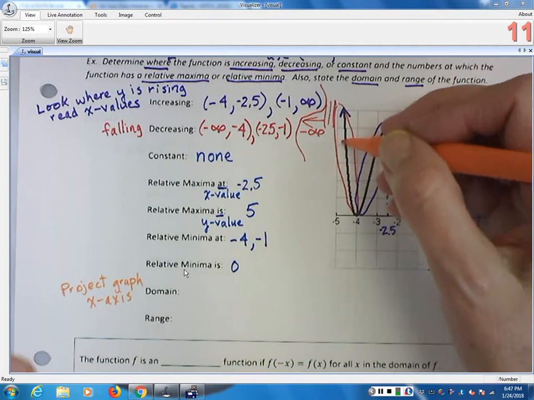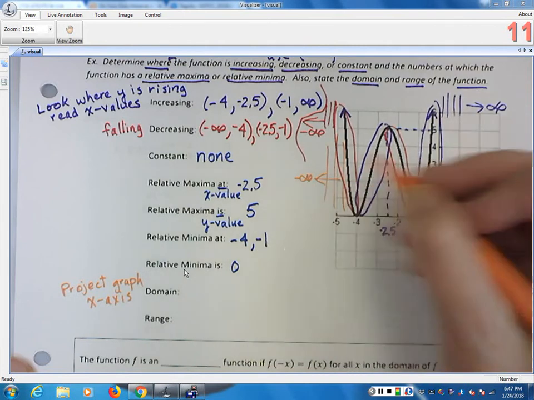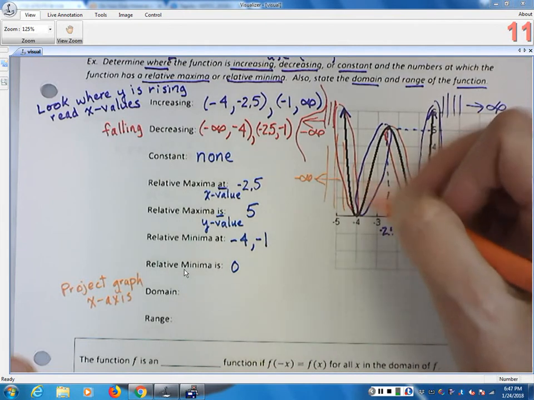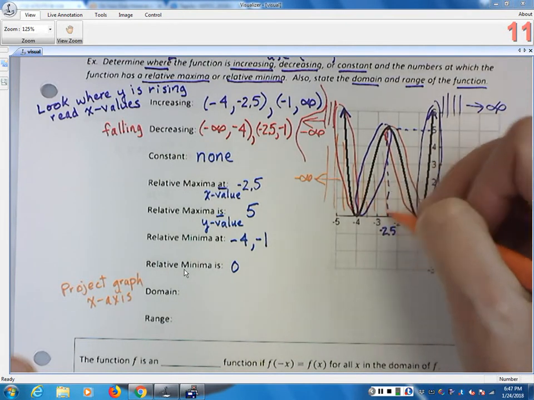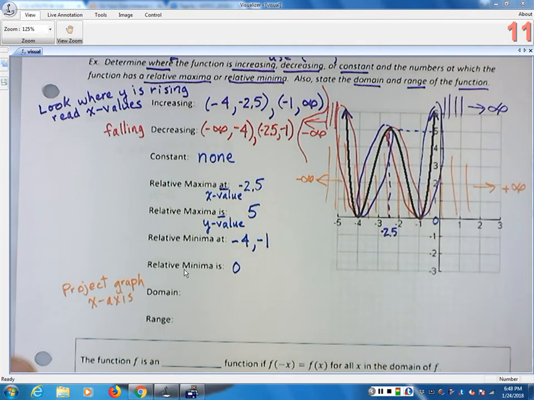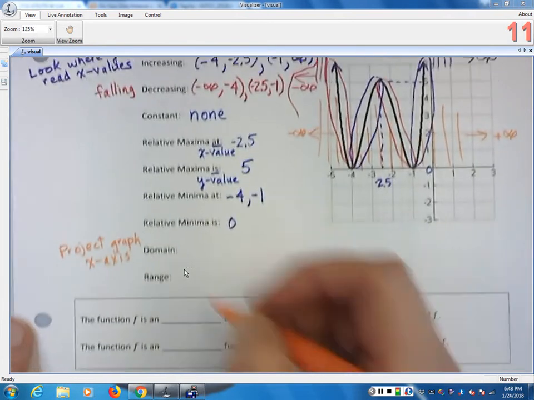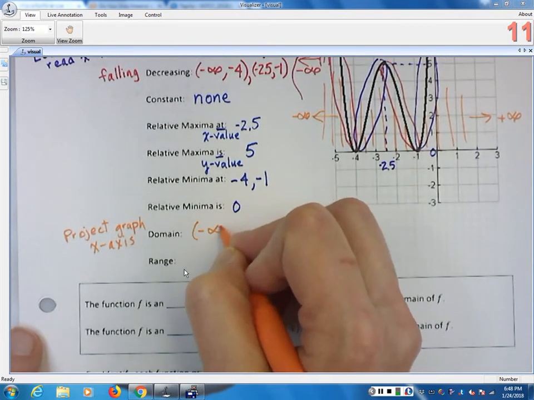So we're going to project it to the x-axis. It goes to -infinity this way, and to positive infinity this way. So the domain on this graph, because it's going up at an angle here and here, is -infinity to infinity.